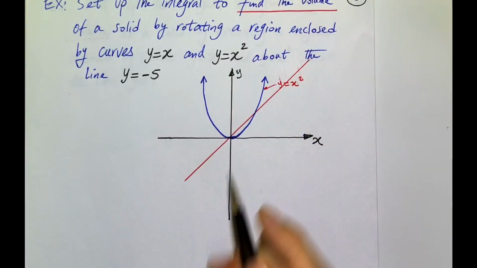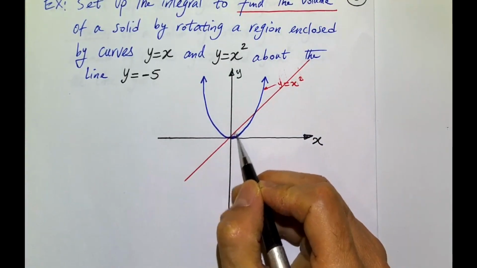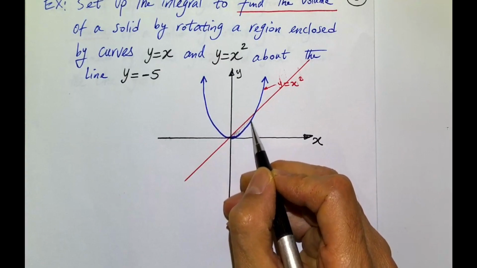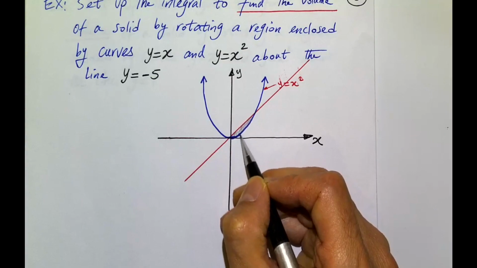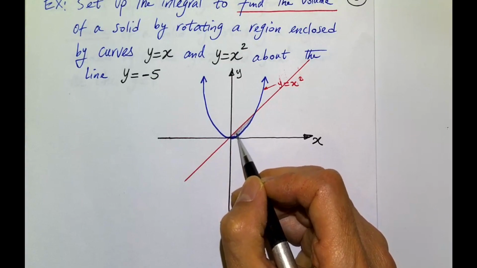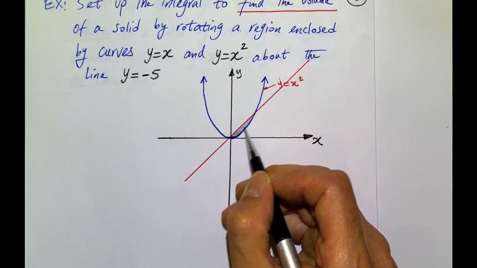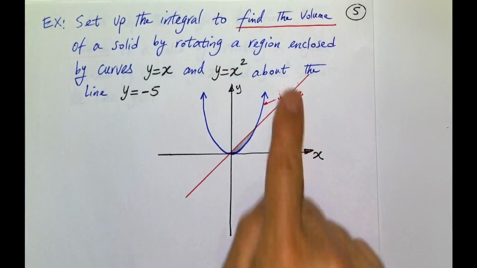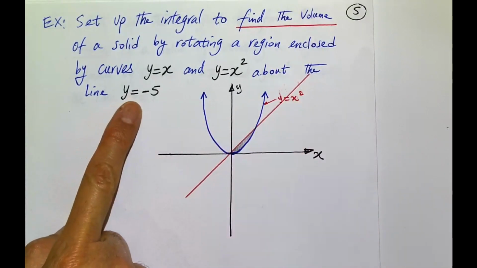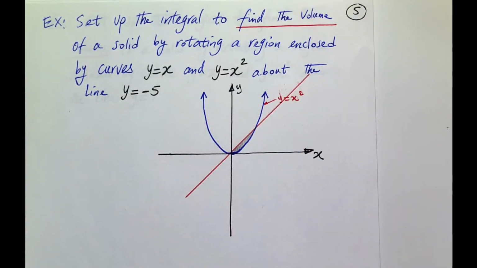I want to draw these so that this region that we're rotating is clearly visible. I don't want it to be too small that people have to squint to see what that looks like. But that's the region we're rotating, and we're rotating it about this line, y equals -5.